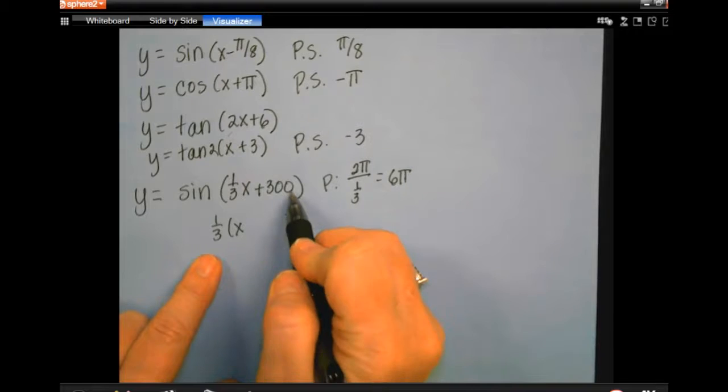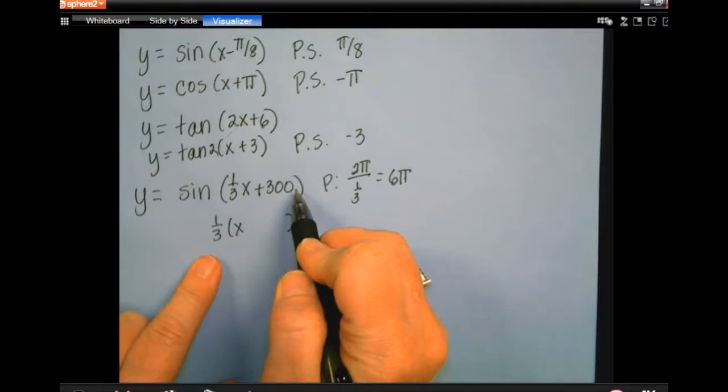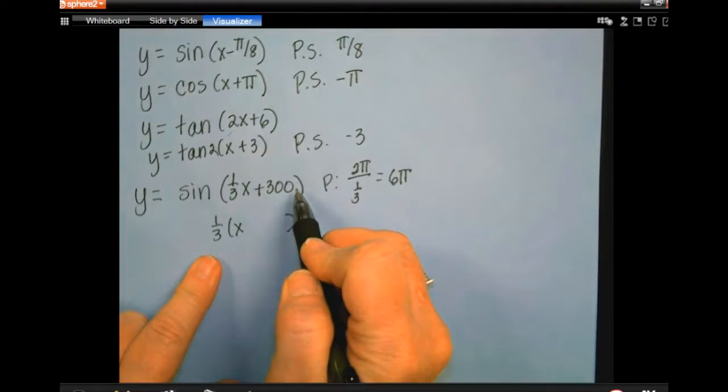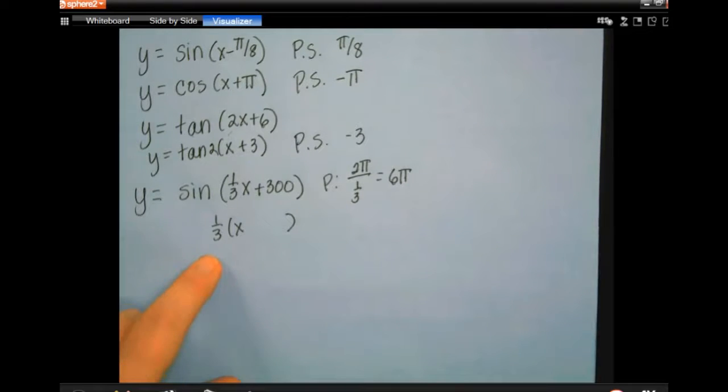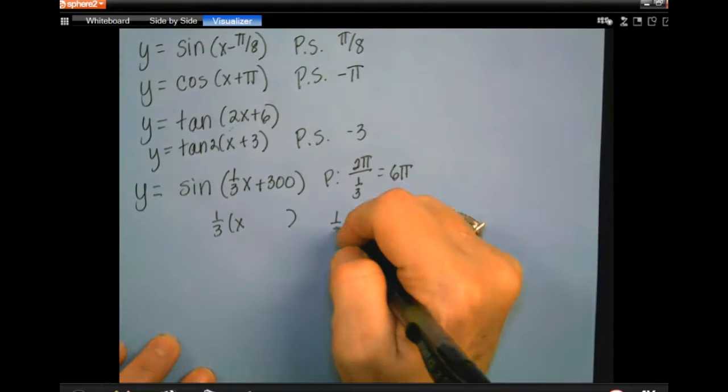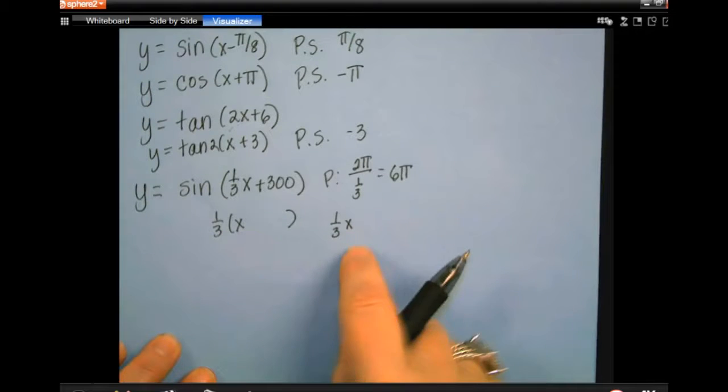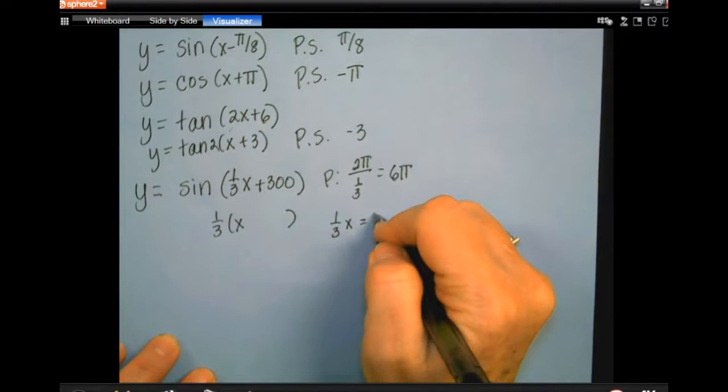I'm dividing the 1/3 by an x. Like, I don't know what number it's going to be, right? So this is how it starts. If you already got the number in your head, then you don't even have to watch, all right? But if you don't know how to come up with the number, every time, this is what you'll do. You'll put the 1/3, you don't know what the number is, and it has to equal 300.